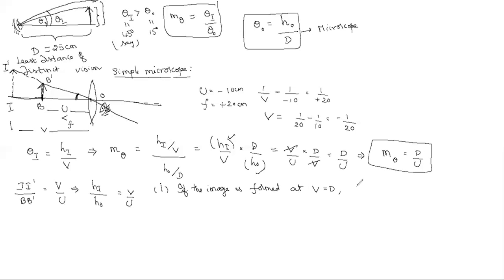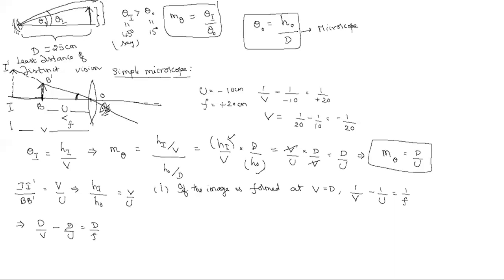If they ask, I am going to use my formula, 1 by V minus 1 by U is equal to 1 by F. Here I am going to multiply the whole equation with D. That implies D by V minus D by U is equal to D by F.